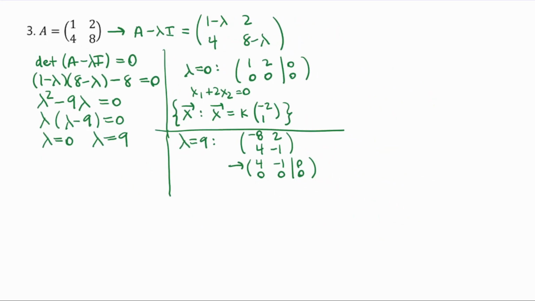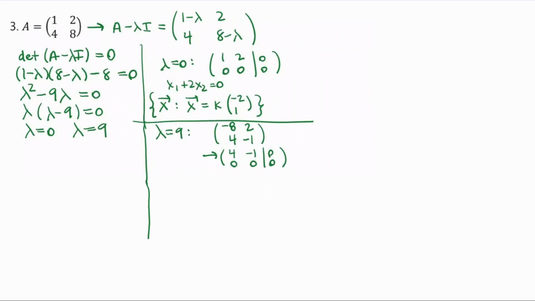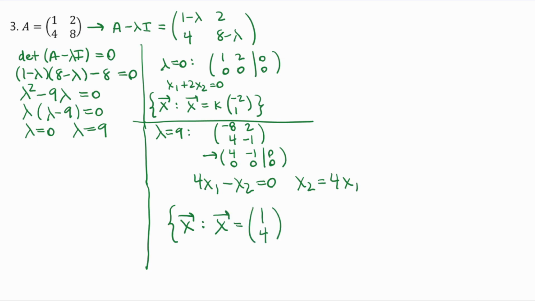And I'm going to need more space here. Okay, yeah, that's good. So 4x1 minus x2 equals 0. That means x2 is equal to 4 times x1, and my eigenvectors are the set of all x for which x is some multiple of 1 and 4, because x2 is 4 times x1.